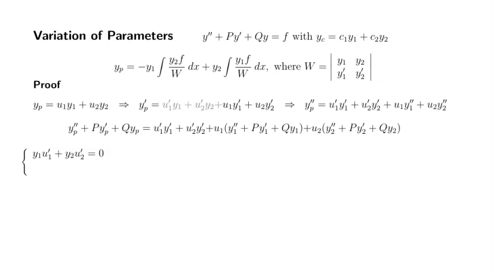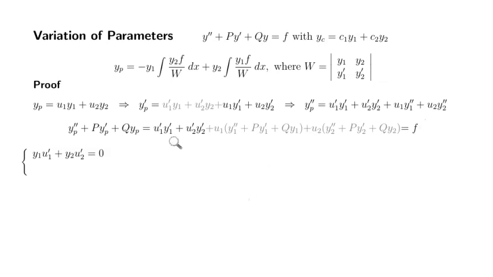I'm going to gray those out so that we can still see them. Here we're going to get something like this. Those are gone because those are 0, so we only have those two terms left. And then this is equal to the right-hand side, which is f.